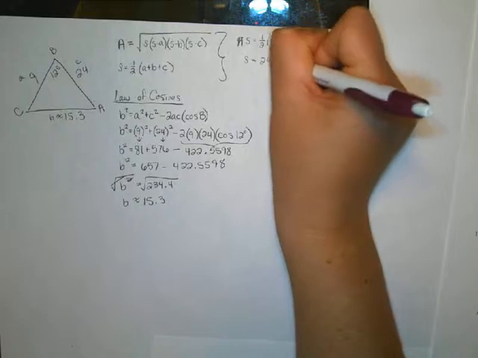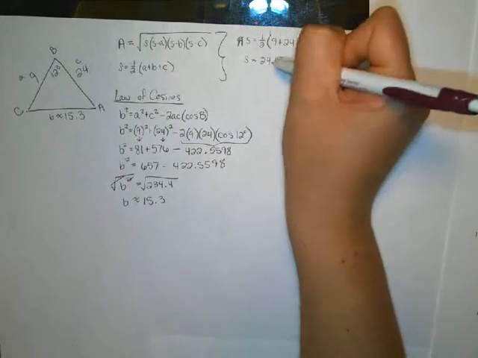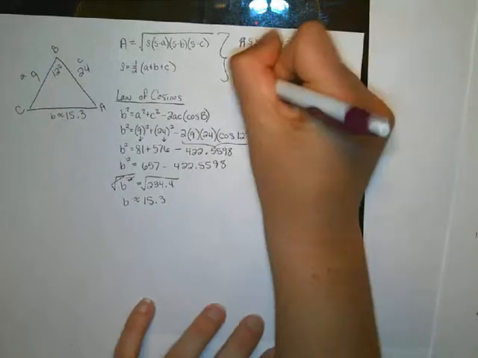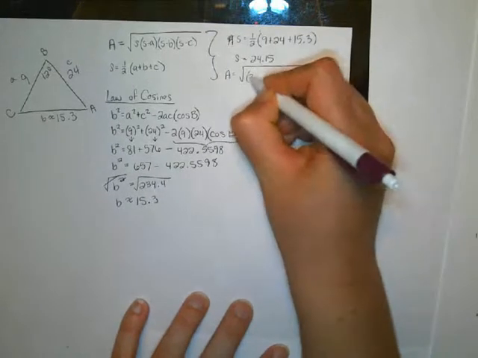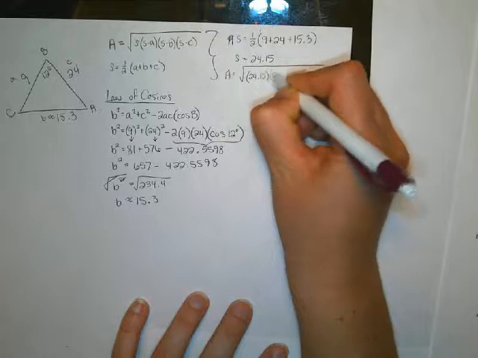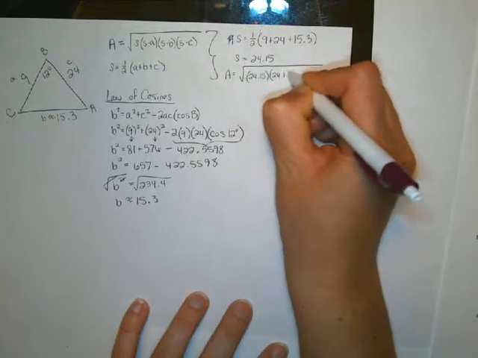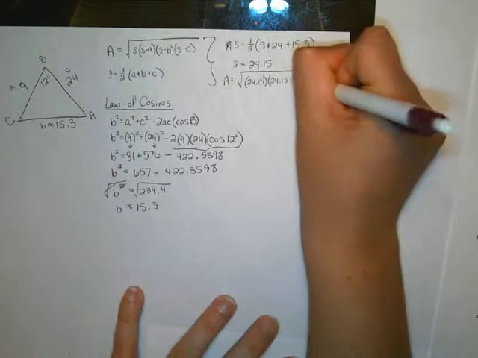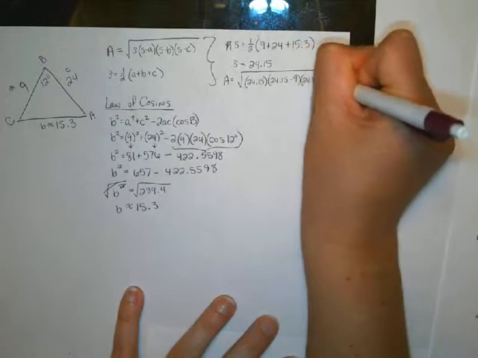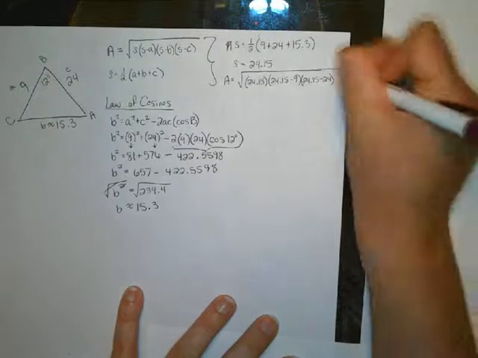So I have area equals square root of 24.15 times 24.15 minus, and then I'm going to plug in all these, minus 9, minus 24. I ran out of room. And then 15.3.